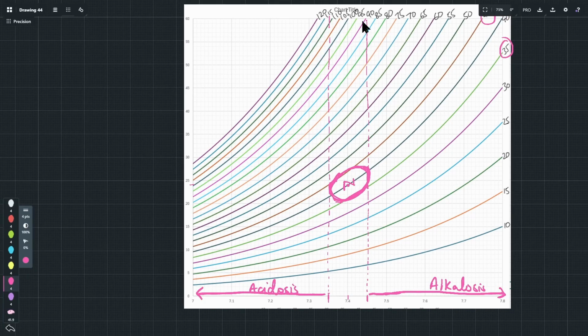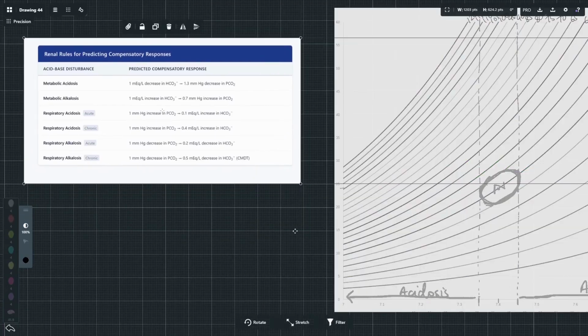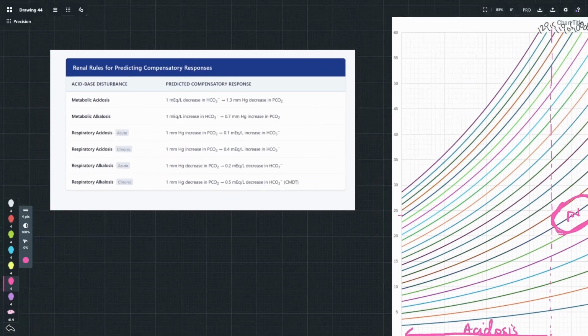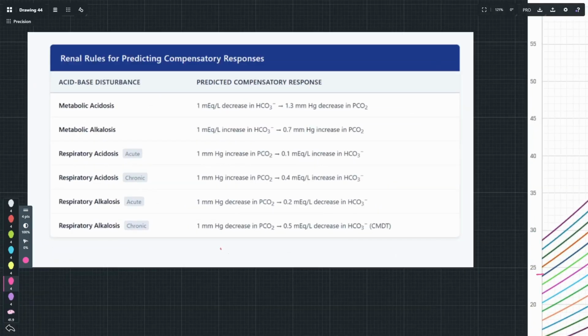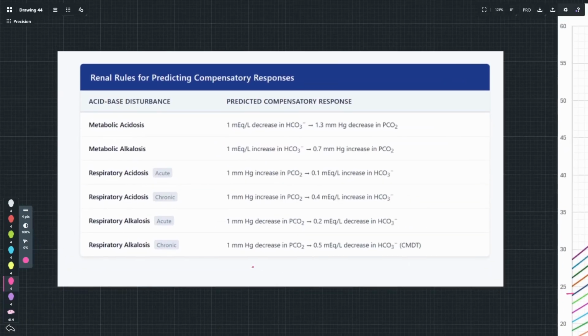And actually let me copy and paste it for you, and then I will teach you what is going on here. Give me a second. So here are the renal rules, and this table is from the textbook of Costanzo Linda, textbook of physiology, except this last line which is from CMDT.